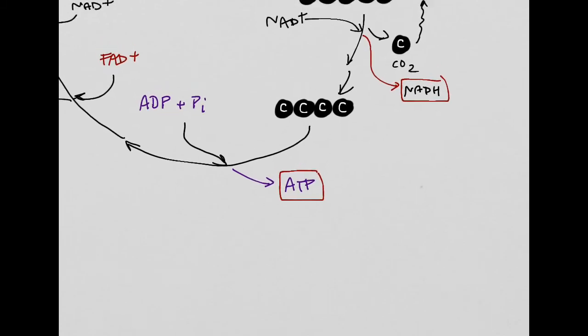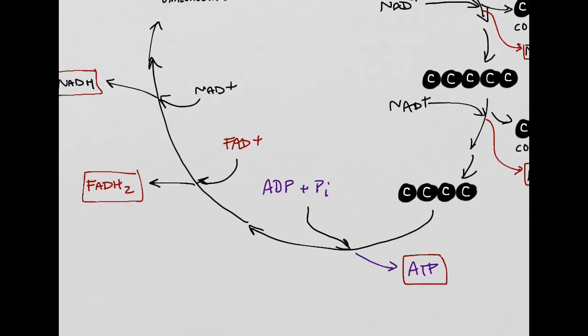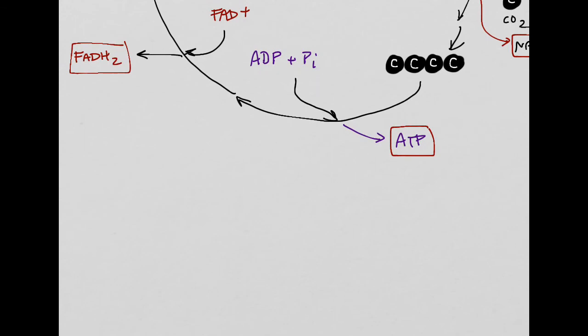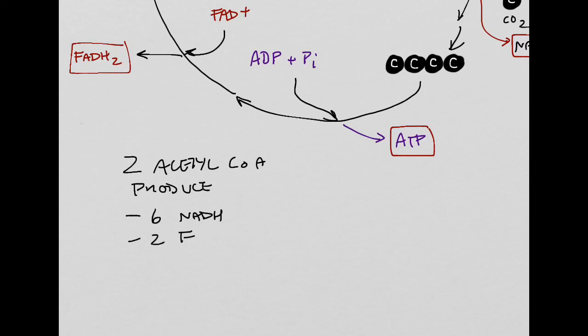and 1 ATP. But we have 2 acetyl-CoAs that come out of this. So that means from our 2 acetyl-CoAs, let's just tally this up, we produce 6 NADHs, 2 FADH2s, and 2 ATP.